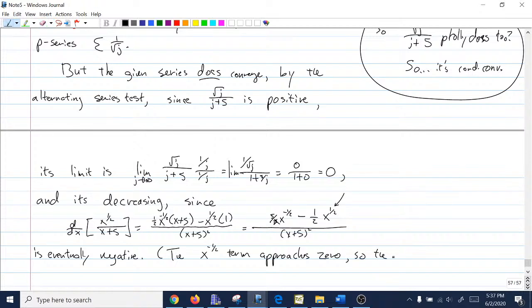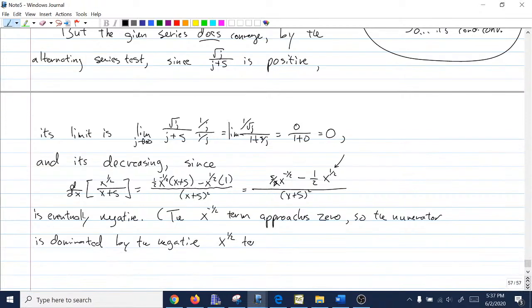So the numerator is dominated by the negative x to the 1/2 term. I don't want people to think I'm saying x to the negative 1/2. I'm talking about this term. Let's just write out the term, which is negative and large.